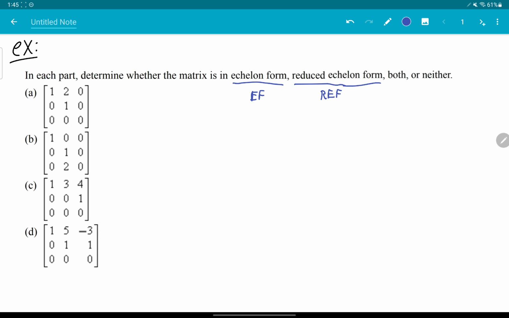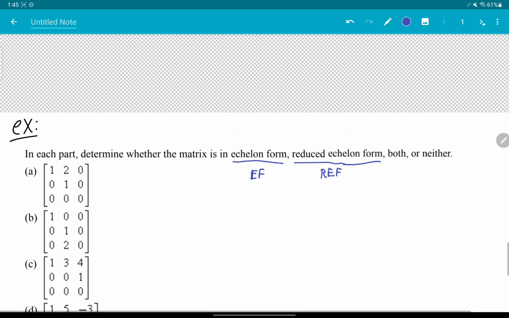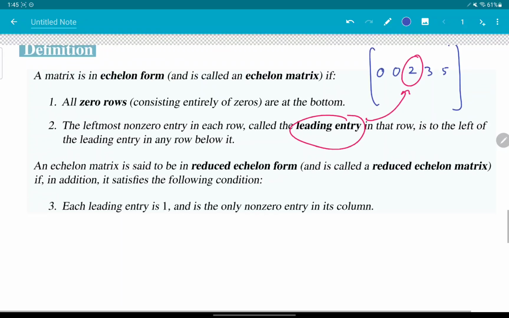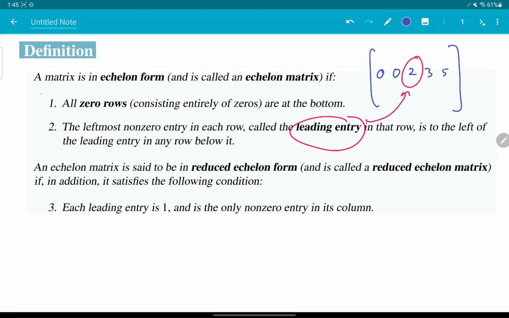Okay, so we need to be in echelon form, we need what I would say is a staircase format. Now if we go back to our definition, these two criteria give you a staircase form. They imply a staircase format.